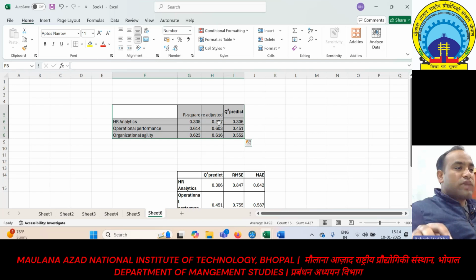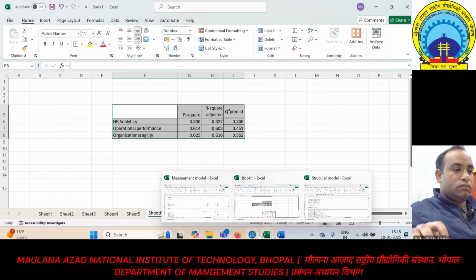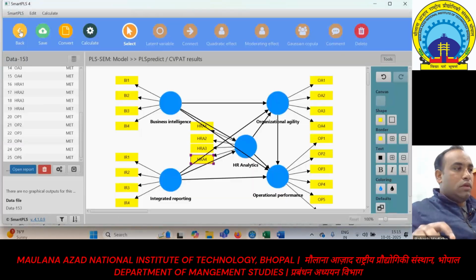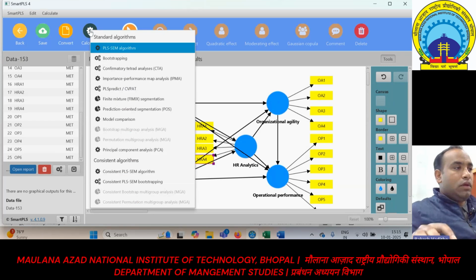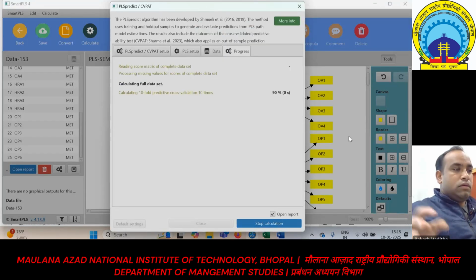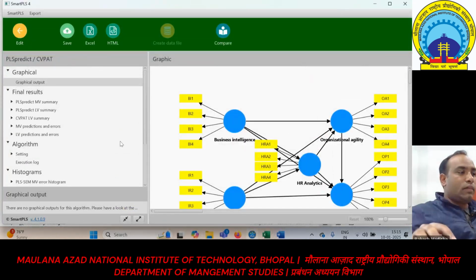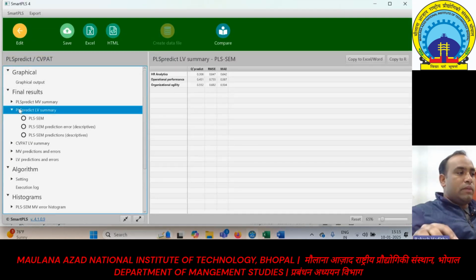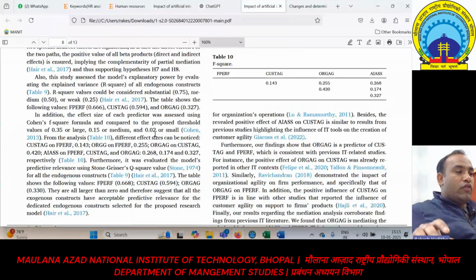Here you can see the R square values, adjusted R square values and predictive values. In the Calculate option, choose PLS predict. By clicking PLS predict LV, the Q square values will come. Here you can observe.